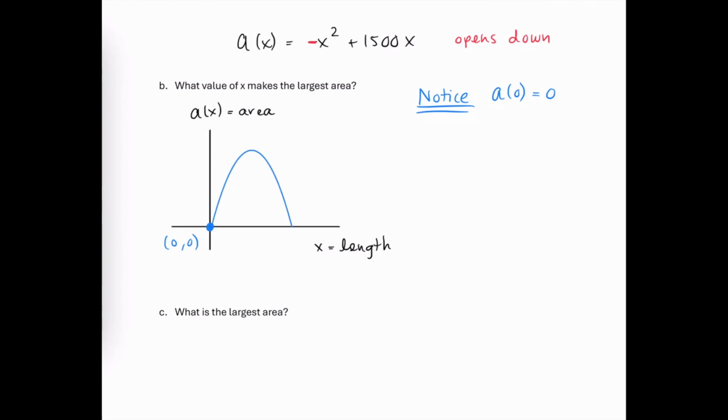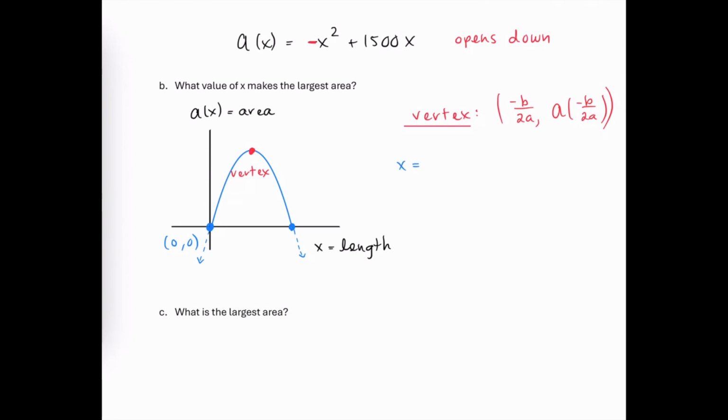And from there, let's graph a concept drawing that represents this opening down parabola, but we're really only interested in the positive outputs since the outputs represent the area of the field. The maximum area is going to occur at the vertex of this parabola. And let's recall, in order to find the vertex of a quadratic function, we'll find negative b over 2a, which will give us the x-coordinate, and then we'll plug that quantity into the area function to determine the corresponding output, which in this case is area.